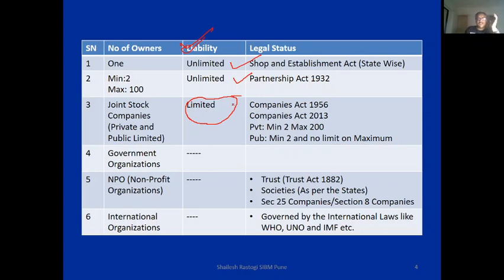Rather, the properties or assets held by the organization will be used to settle the liabilities. That's why we call it limited liability. But that's not the main point of discussion.